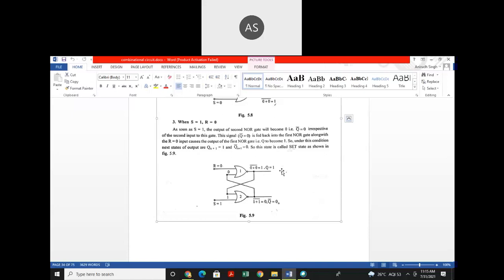If the previous state is 1, then this is connected to this terminal, meaning 1, and S is also 1, 1, 1, 0, and then this 0 is connected, 0, 0, 1. In both cases, whether the previous state is 0 or 1, Q is always 1 when S is 1 and R is 0.